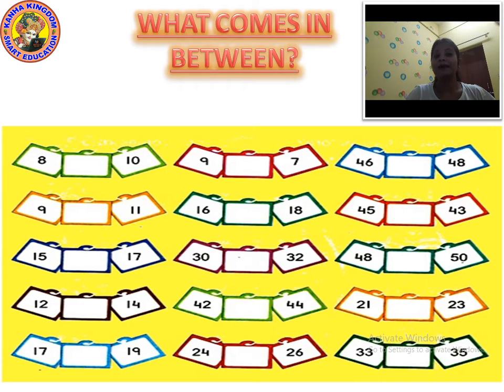Okay, 18 comes after 17 and 18 comes before 19, and in between 17 and 19, 18 comes. So we have to write here 18. Okay. Now 46 and 48.